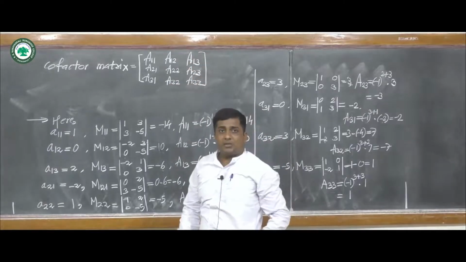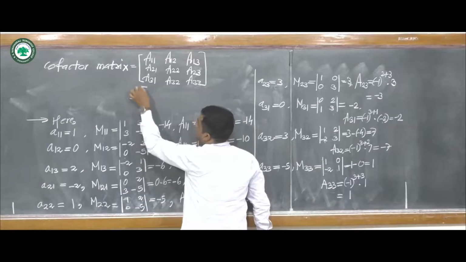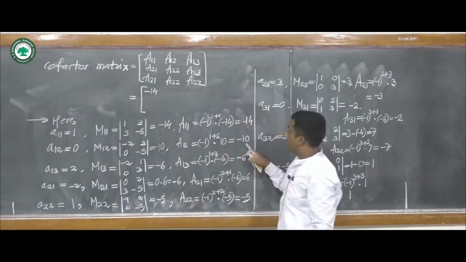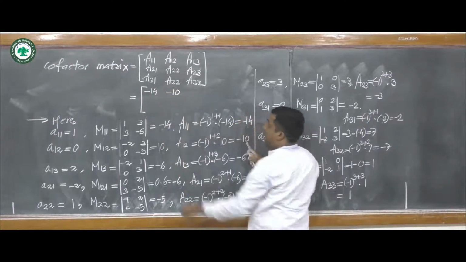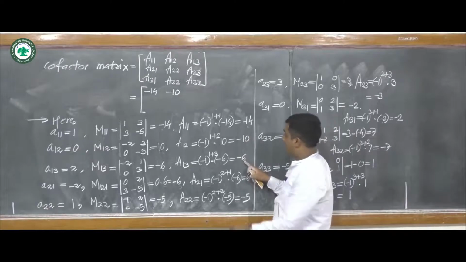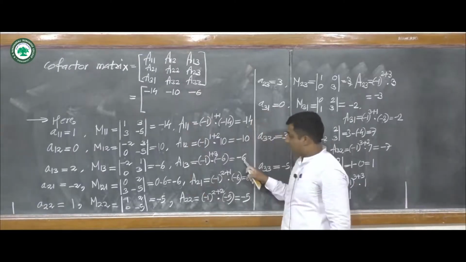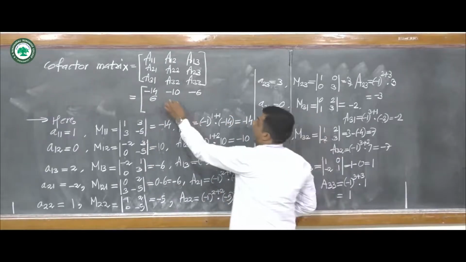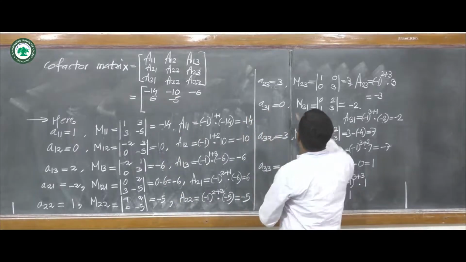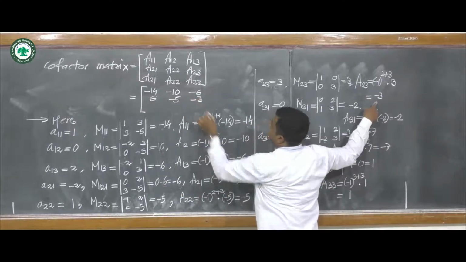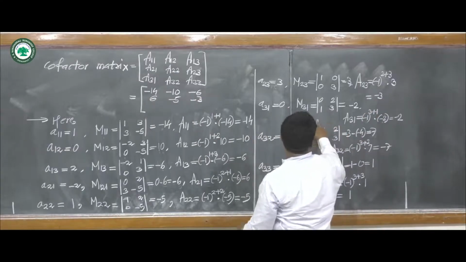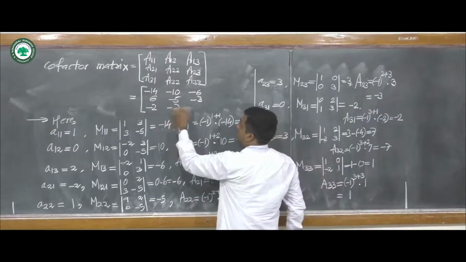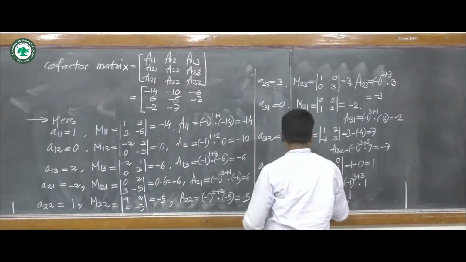Inside the matrix, A11 is minus 14, A12 is minus 10, A13 is minus 6, A21 is 6, A22 is minus 5, A23 is minus 3, A31 is minus 2, A32 is minus 7, and in the last, 1.